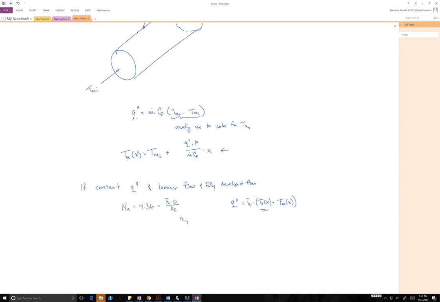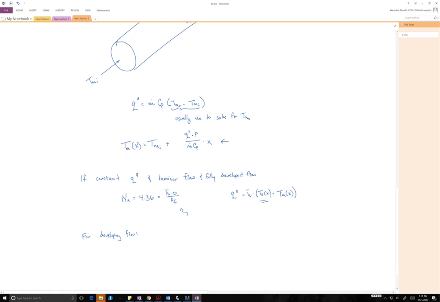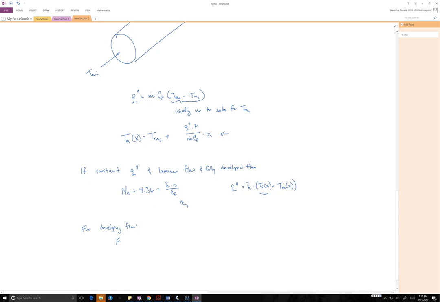Okay. If instead I find that I have developing flow, I can come to figure 8.10b for the combined entry length problem.